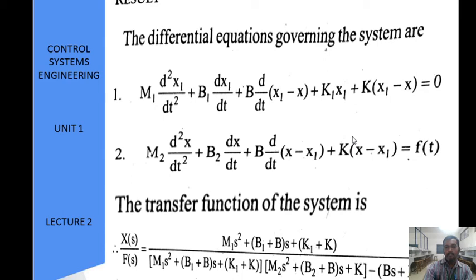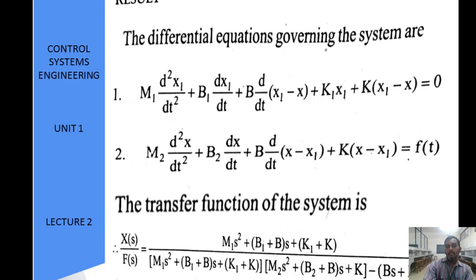And the transfer function X of s by F of s is equal to (m1 s square plus (b1 plus b) s plus k1 plus k) by ((m1 s square plus (b1 plus b) s plus k1 plus k) into (m2 s square plus (b2 plus b) s plus k) minus (b s plus k) whole square). So this is the required transfer function.